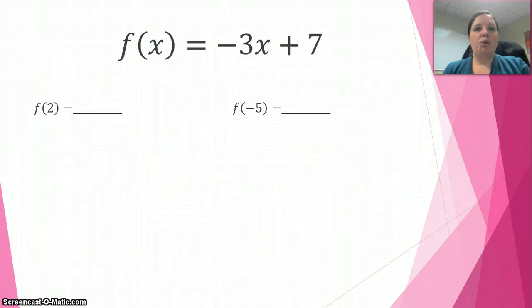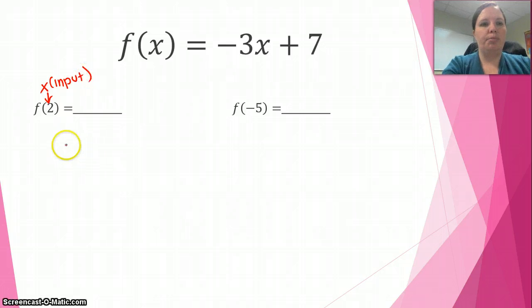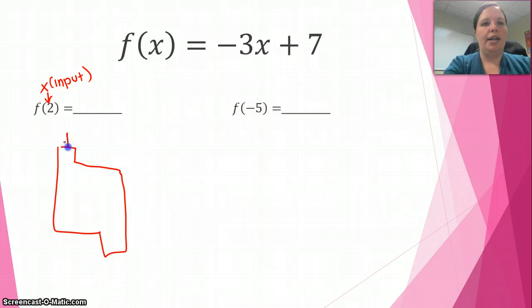So if we use that same equation and look at some function notation, just to give you an idea, when we see f of 2, we're saying this is the x value, the input value into our function machine. You don't have to use the machine, but I'm going to sketch it just to give you that visual help. This is saying take 2 and input it into the machine.